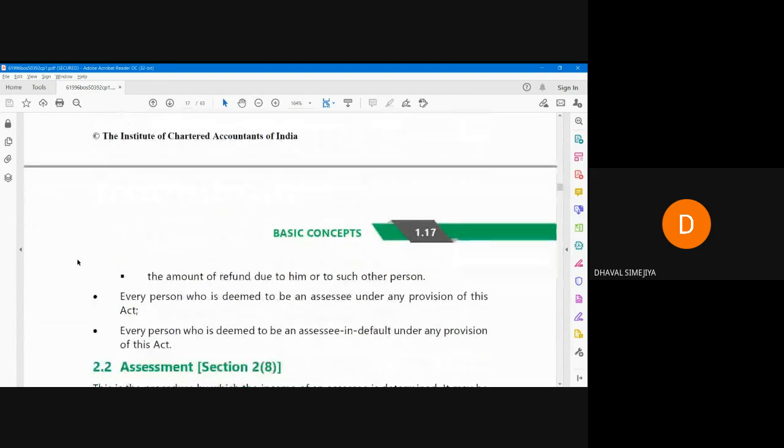And every person who is deemed to be an SSE, and every person who is deemed to be an SSE in default under any provision of this act.